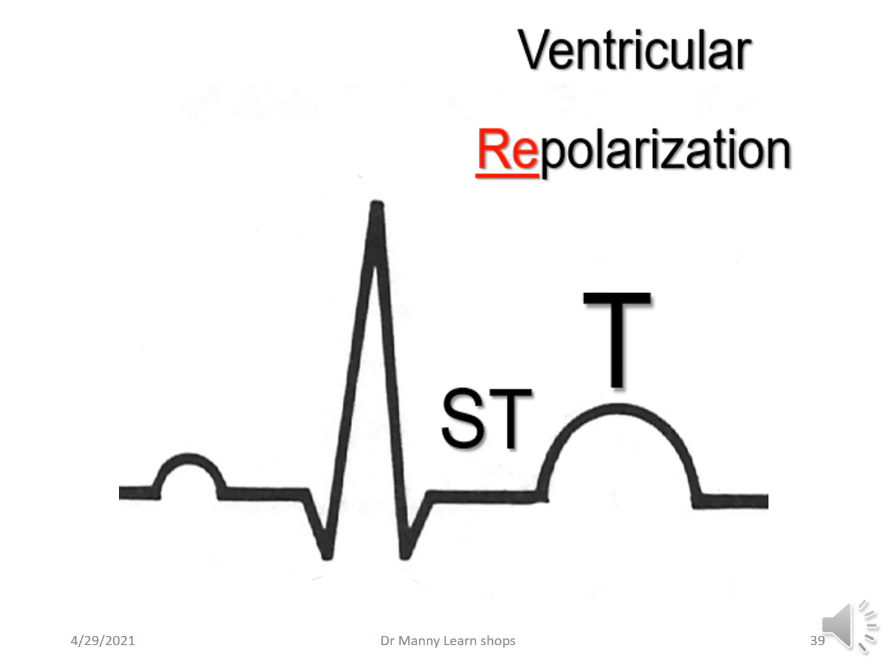And the ST segment simply represents early repolarization of the ventricle, and the T wave represents later repolarization of the ventricle. Now, I don't mention it here, but we do have atrial repolarization. And atrial repolarization is represented by the Ta wave. You can look that up, Google it, and you can see what I'm talking about.